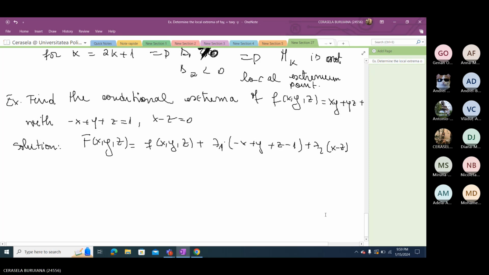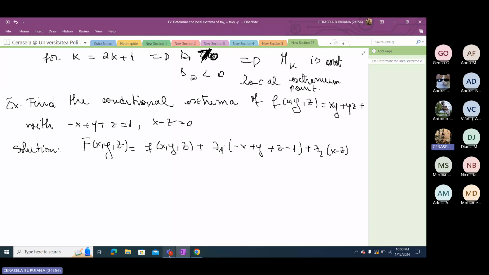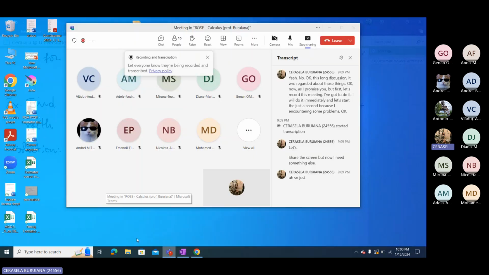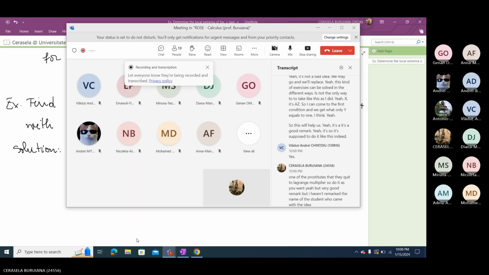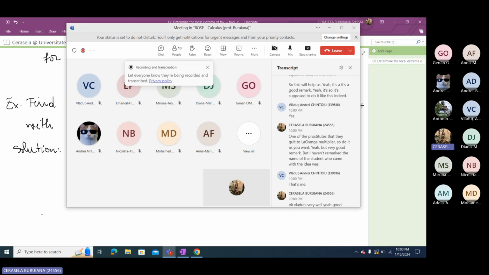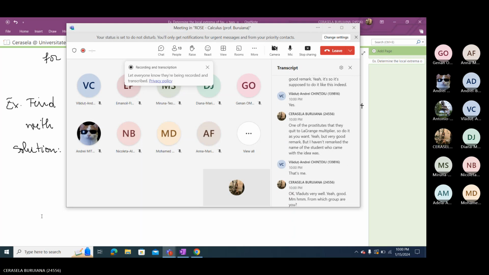Yes, this helps us. It's a good remark. One of the positives is to take it with two Lagrange multipliers. So do it as you want. Very well, good remark. But I haven't caught the name of the student who came with the idea. That's me, Vladut. Okay, very well. From which group are you? 1211A. Good.